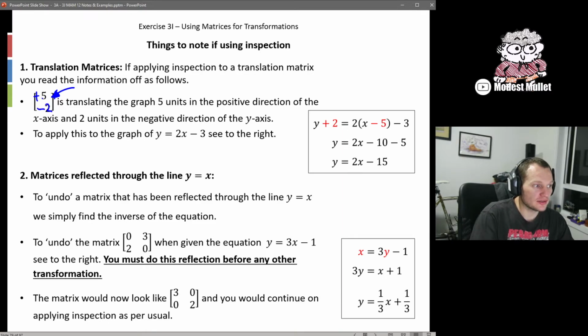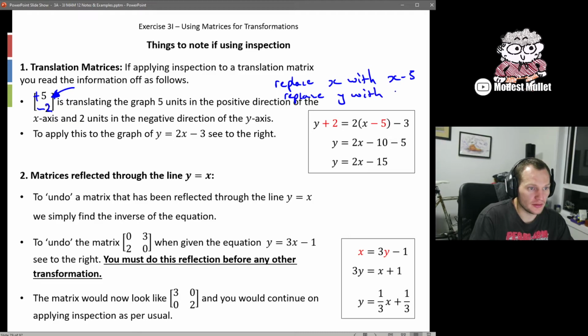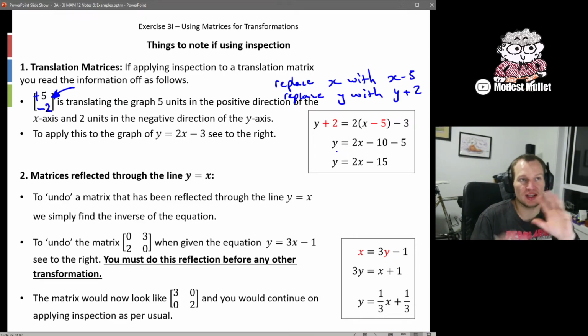So since we're translating to the right by positive 5, we need to replace X with X minus 5, and then we also need to replace Y with Y plus 2. That's where remembering our replacement rules and how they flip around comes in.